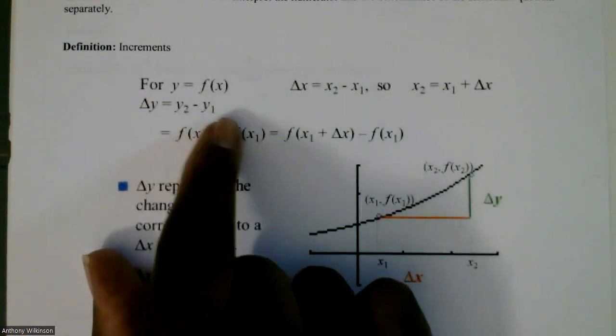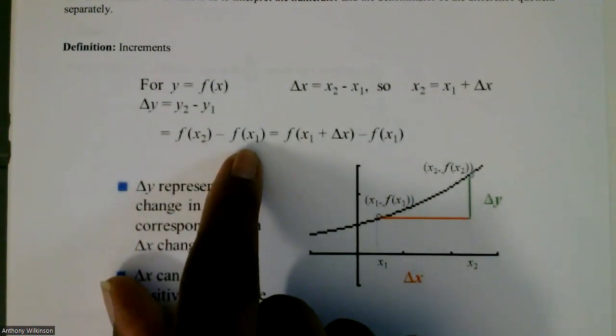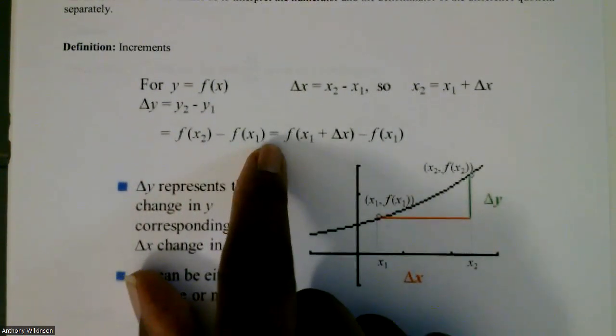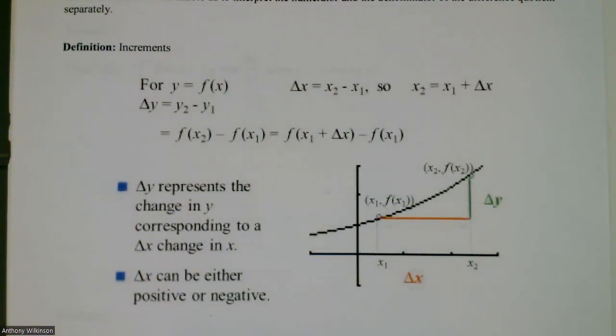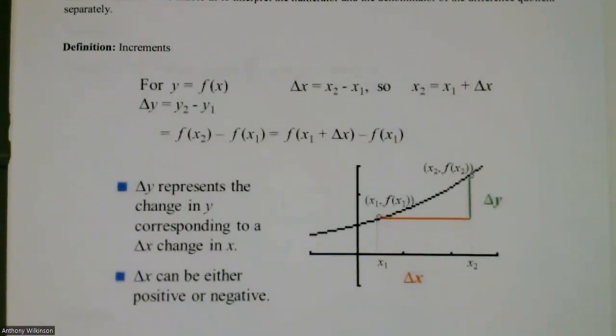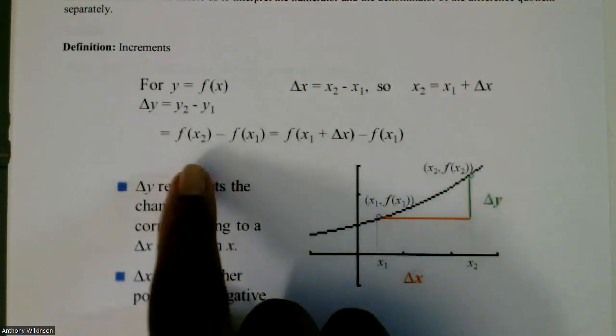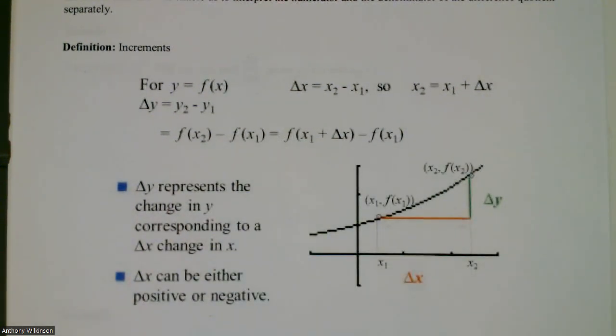In this case, we can write that as f of x2 minus f of x1, and that's going to be equal to f of the quantity x1 plus delta x minus f of x1, since x2 is equal to x1 plus delta x. So here we just substitute the x2 with x1 plus delta x, minus f of x1.